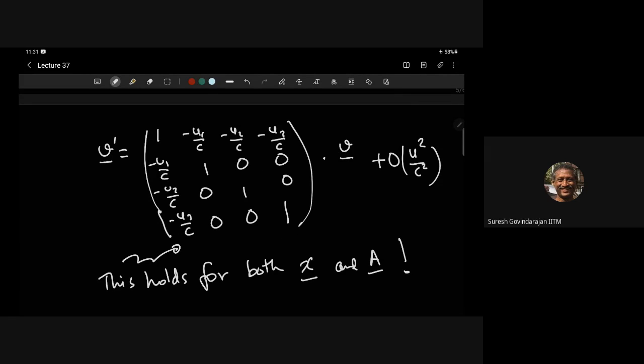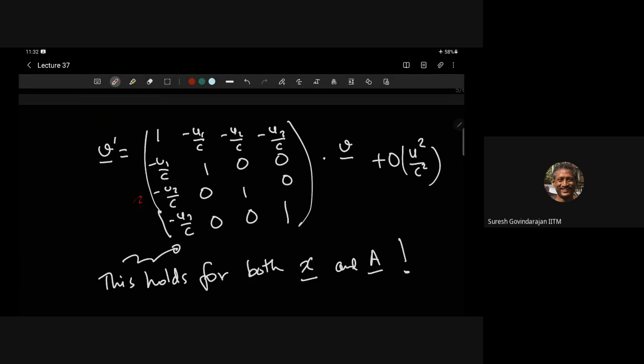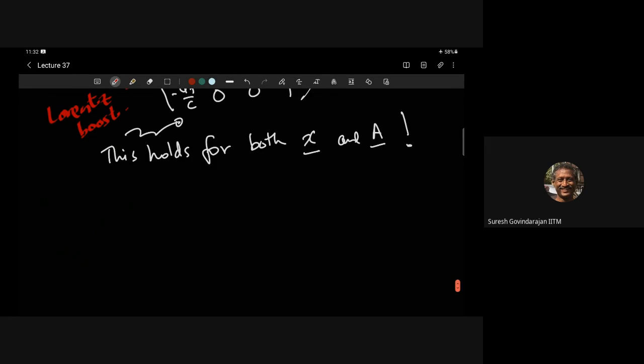This is something we couldn't have guessed: that both of them transform linearly and with the same matrix. We'll give this a name. It's a boost, but it's an infinitesimal boost, so we'll call it an infinitesimal Lorentz boost. Is this clear?